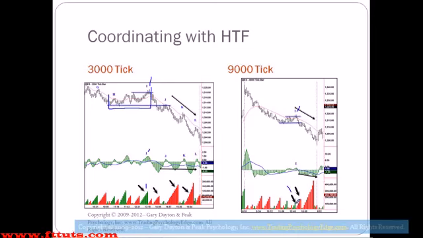The Weiss wave shows no real pickup in volume. On the higher time frame, we have that little upthrust in a downtrend, a nice trade setup that we're aware of, and the 16 average is still underneath zero, showing a very weak trend, and the 310 is up above. So then we start moving down. Look at what happens. We pick up again in volume on the Weiss wave.